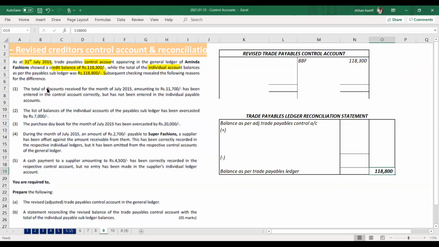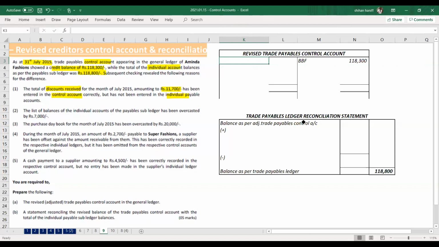The total of discounts received for the month of July 2015 amounting to 11,700 has been entered in the control account correctly, but has not been entered in the individual accounts. So discount received should be deducted from the creditor's account. It was deducted in the control account.